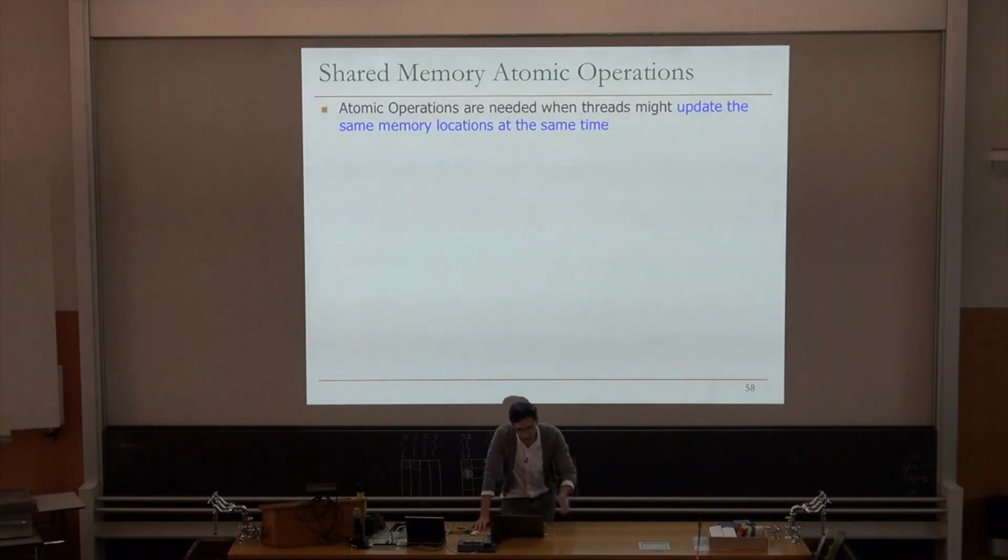Atomic operations are one of the interesting features that have evolved over the last 10 years, or even 12 years, since the GPU computing era started. They were very basic and highly unoptimized hardware in the very initial generations.